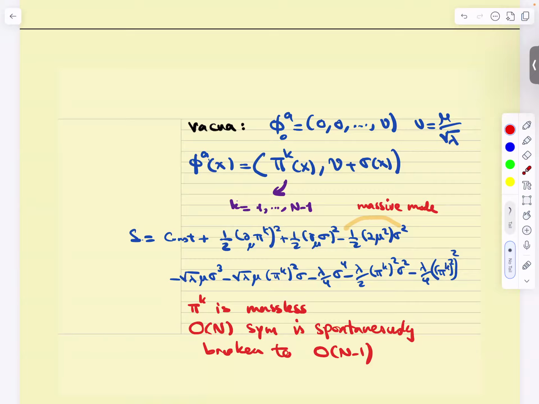But if I started by writing this action, in principle I would have picked all sorts of separate coefficients for each of them. That theory is going to be awfully behaved quantum mechanically. But if you tune these coefficients to this particular form, then the symmetry will protect you. Even though it's spontaneously broken, it will protect you. Good?